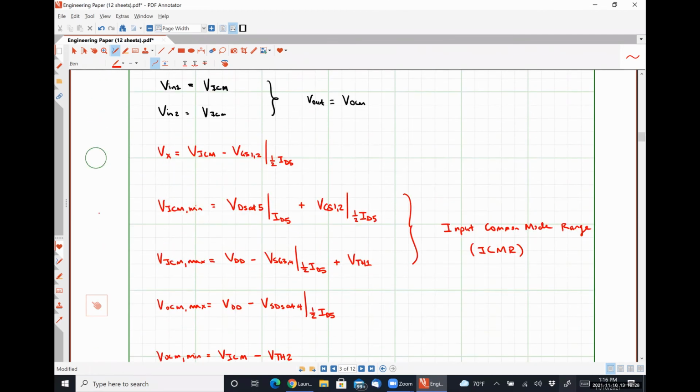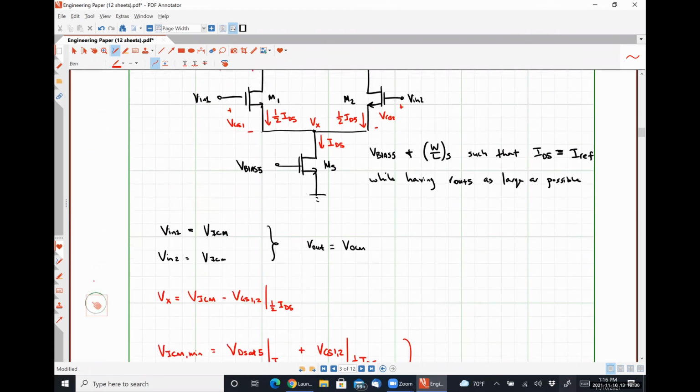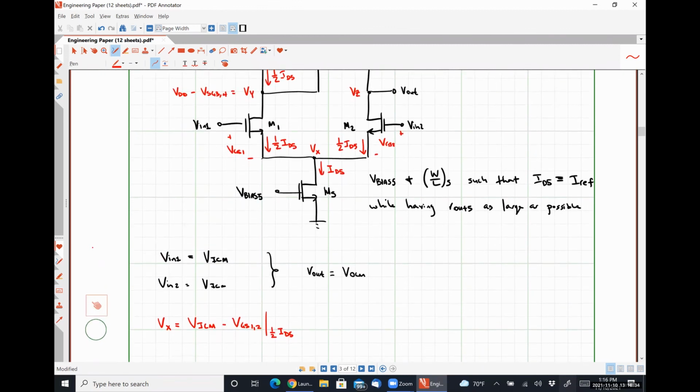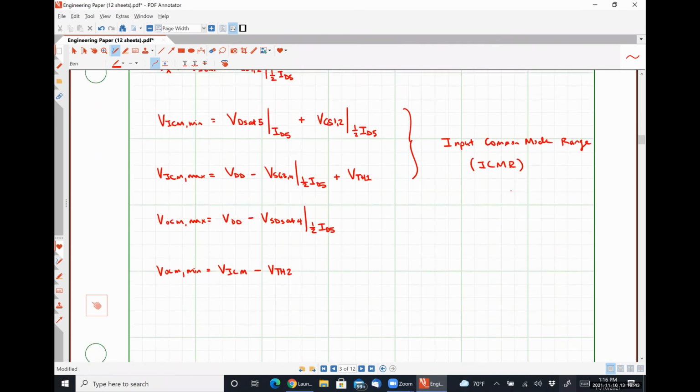So effectively, that means that our drain voltage for transistor M2 would be within a VTH of our common mode level, which is the input to the gate source voltage for transistor M2, causing it to fall out of saturation.